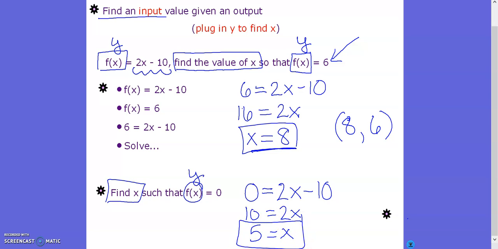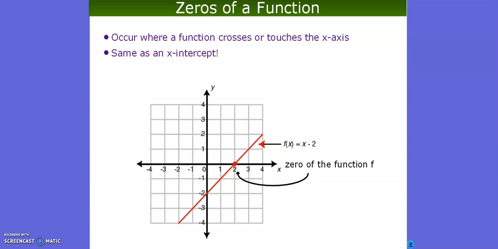Now I've found x. My x was 5. But what was the y value? If you remember, it's up here in the question. My y was 0. So always read that question. It's going to tell you what to look for, or what numbers go where, if it gets confusing.